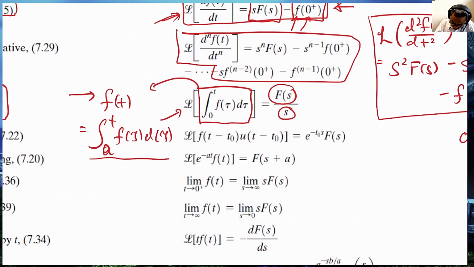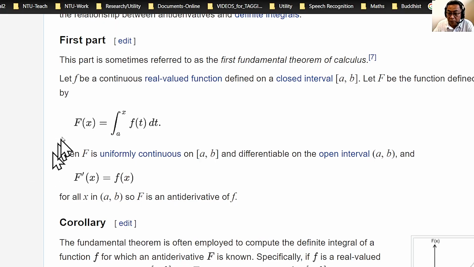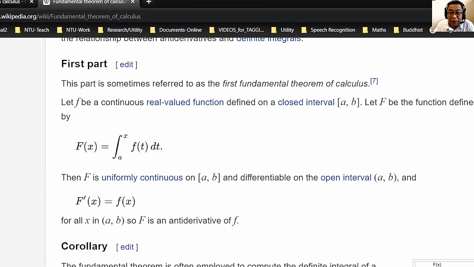I made a mistake. It should be capital F of t, where the differentiation of capital F of t is equal to f of t. I'll pull up Wikipedia. The thing I'm pulling up is called the fundamental theorem of calculus. In the first part, it gives you this expression.